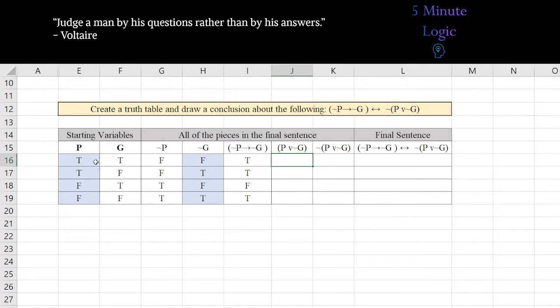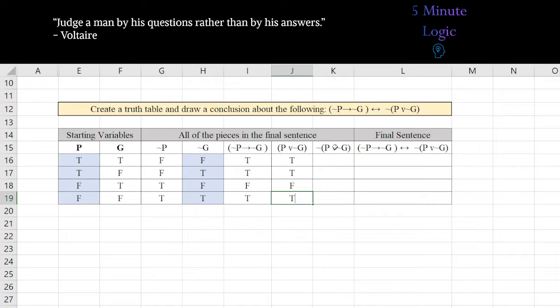Great. So let's see here. True or false. That is true. True or true. That is true. False or false. I'm on the third row here. False or false. That's false. False or true. Hey, one of them is true. That means the whole sentence is true.